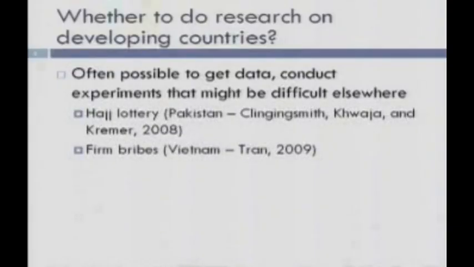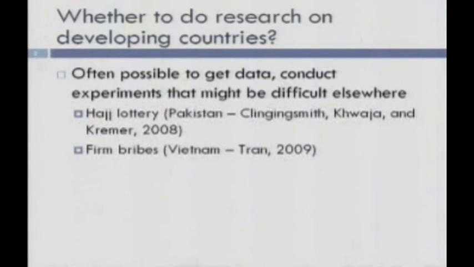Now, another reason, aside from the importance of the problems and the relative scarcity of research, is that there are some opportunities to do things in developing countries that might be difficult or more expensive elsewhere. So there are some types of data that you can get that might be difficult to get elsewhere. For example, this is a natural randomized experiment, but it turns out that there's randomization on who goes on the Hajj.